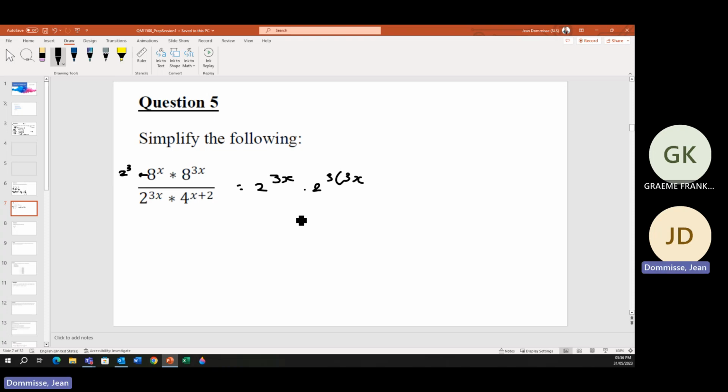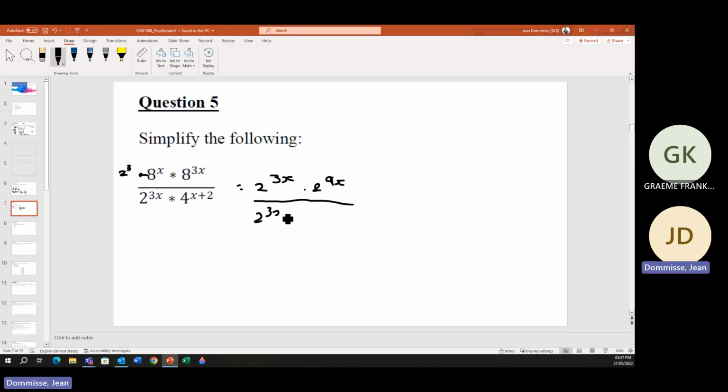So we can nearly create that already as 3 times 3x, or we can change it into 3 times 3 is 9, 9x if we want to. At the bottom, we're sitting with 2 to the power of 3x.